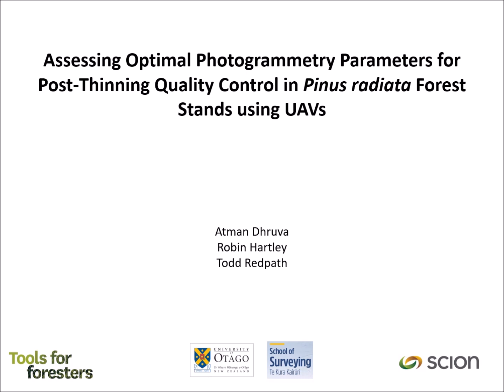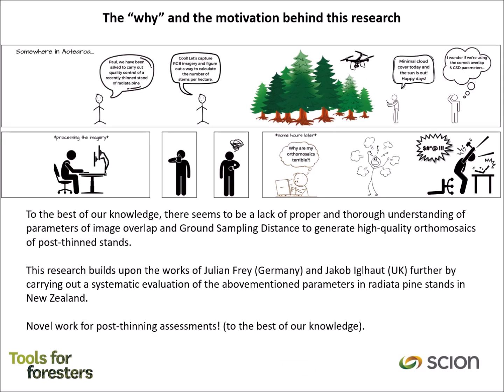I'm assessing the optimal photogrammetry parameters for post-thinning quality control in radiata pine forest stands using unmanned aerial vehicles. Let you guys look at the slide just to take it in. This is the why behind my research.